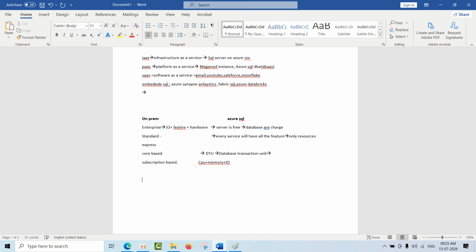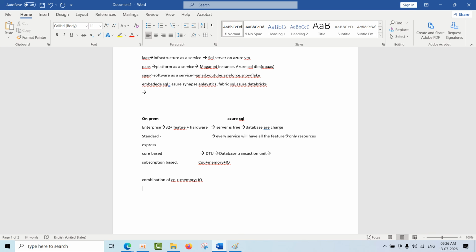So in the interview they will ask you what is DTU. Then we need to say it's a Microsoft proprietary combination of CPU, memory plus IO. It is like combo meals, in simple terms. For your understanding, it's a combination of CPU and memory.